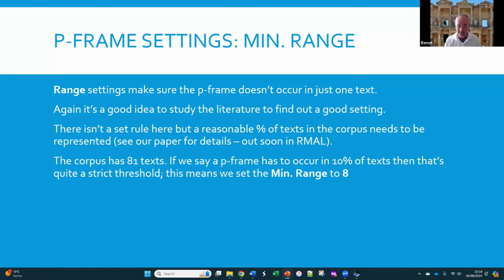In this case, we've got 81 texts, as you remember. If we say a p frame has to occur in 10% of texts, that's a pretty good threshold. It means we can be pretty safe in saying that these are potentially useful p frames. So we're going to set the minimum range to 8. That's about 10% of 81.